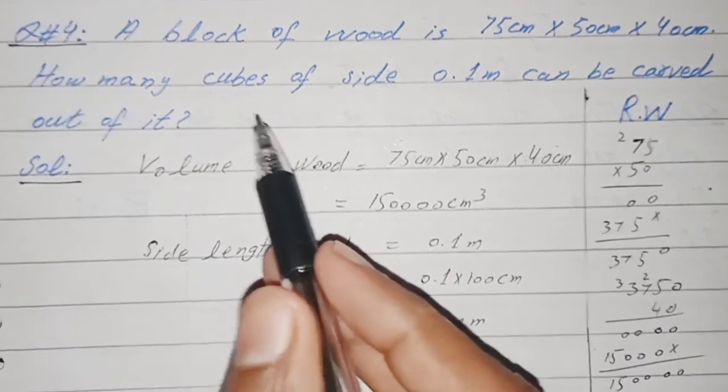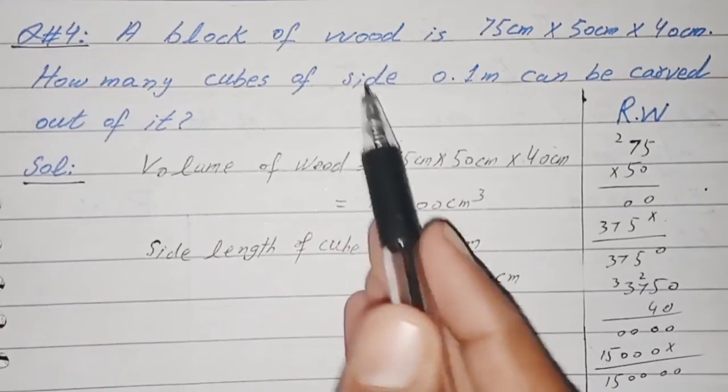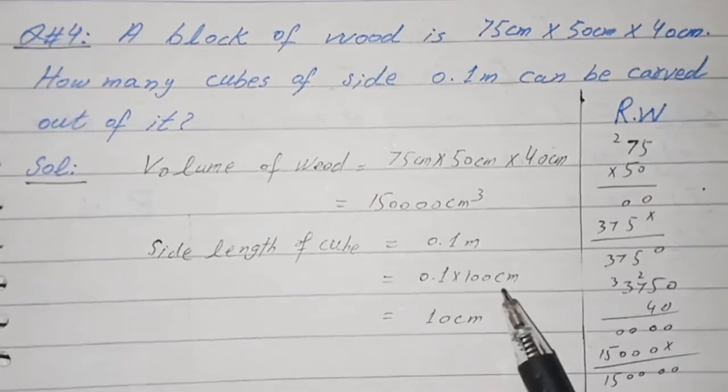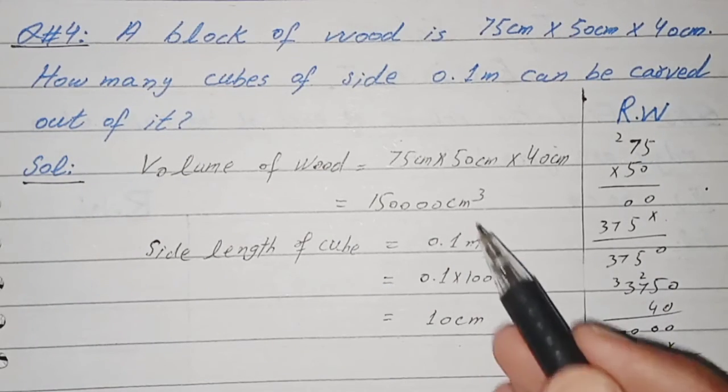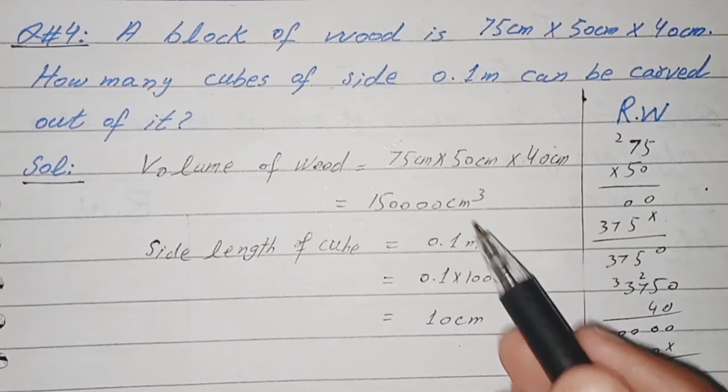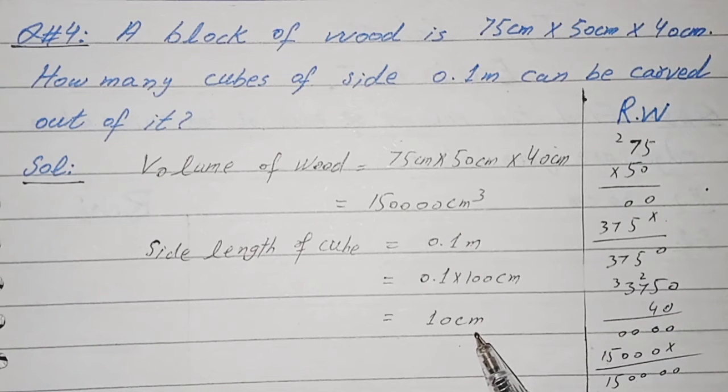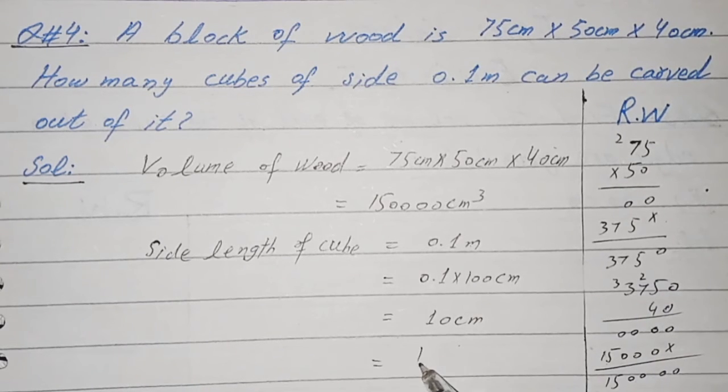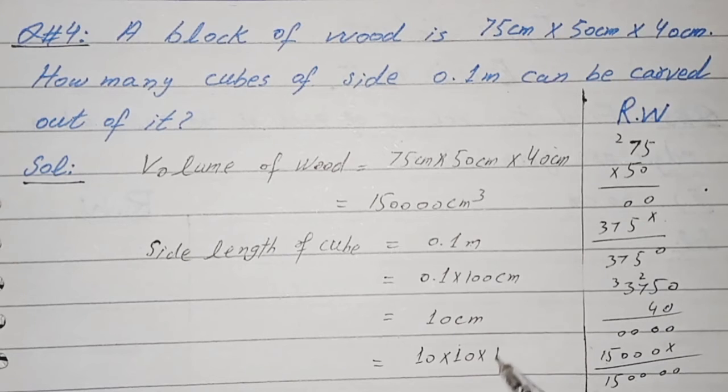But we want to find how many cubes of side can be carved out. We have to make these the same values, that is in centimeter cube, which is currently singly in centimeter. To make the value in centimeter cube, we will multiply 10 three times. 10 multiply 10 multiply 10 centimeter, centimeter and centimeter.